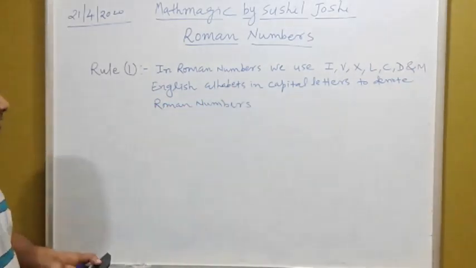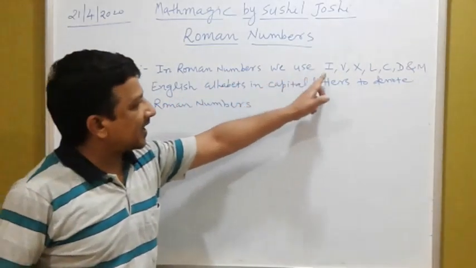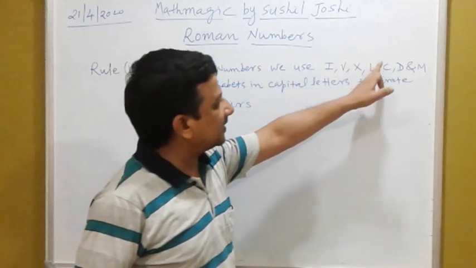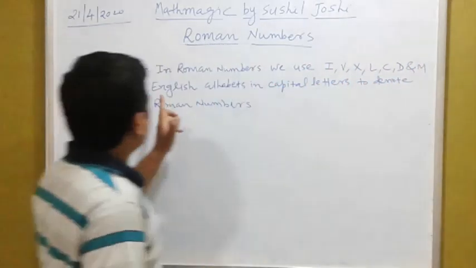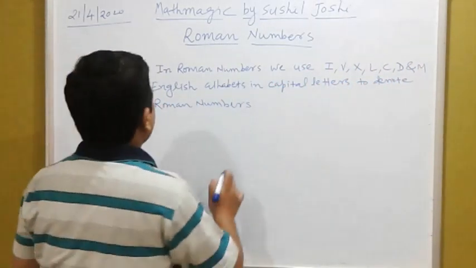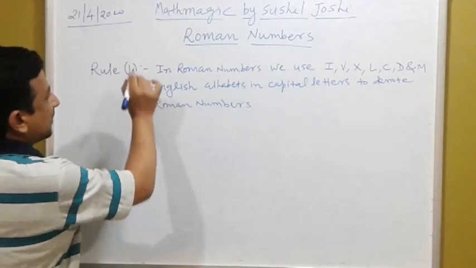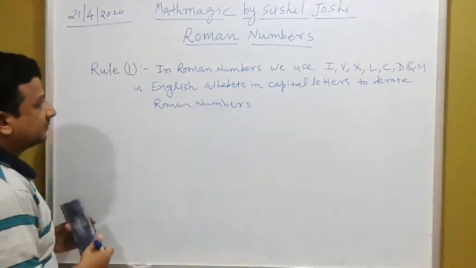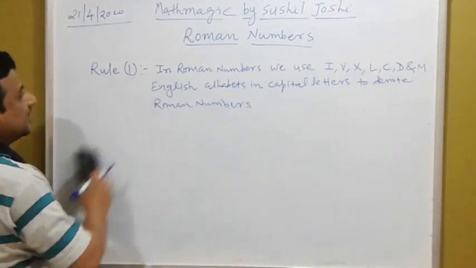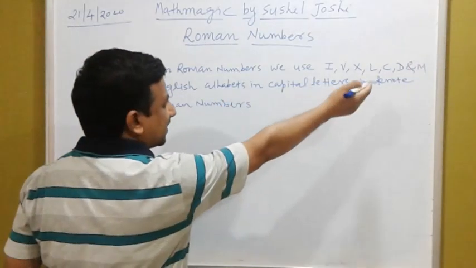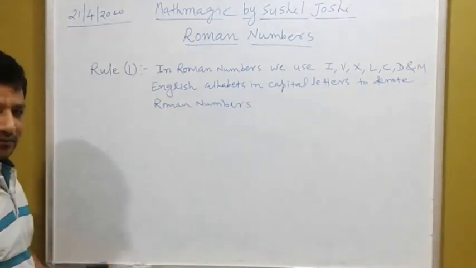Please remember it. In Roman numbers, we use I, V, X, L, C, D and M English alphabets in capital letters to denote Roman numbers.